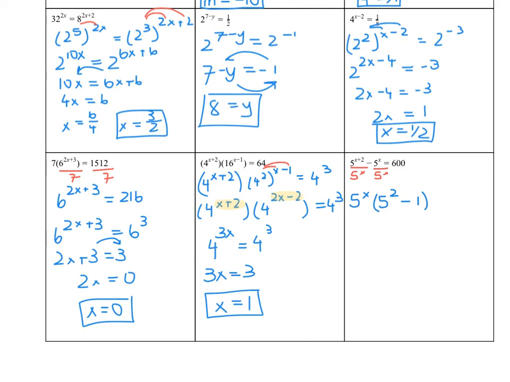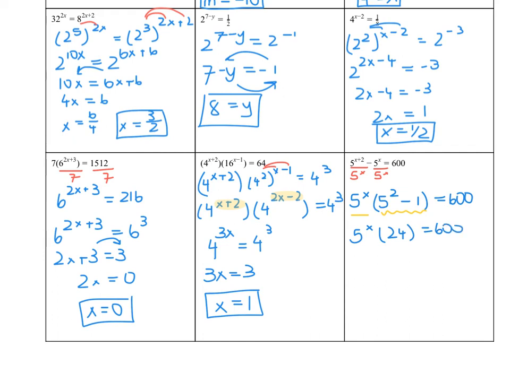Either way works. Now, you should notice once we did that common factor, we fixed the problem because 5 squared minus 1 will turn into a number without a variable. So let's go ahead and do that. 5 squared is 25, and 25 minus 1 is 24.